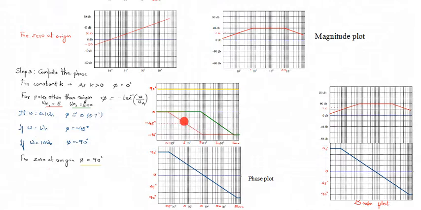Further, when it reaches 50, what is the phase? The phase has reduced completely by 90 degrees, is it not? So at this particular point, that is at 50, you could say the phase has reduced by 90 degrees. So we started at 90 degree. So definitely when we reach 10 omega n, 50, we almost reach 0.